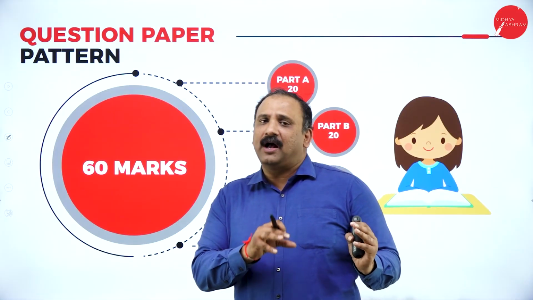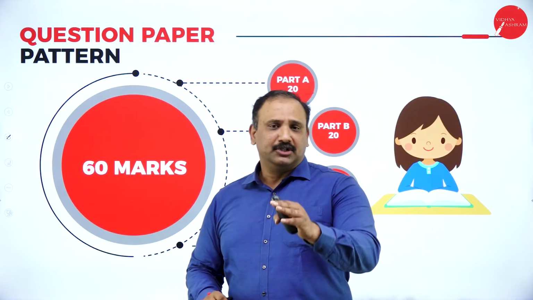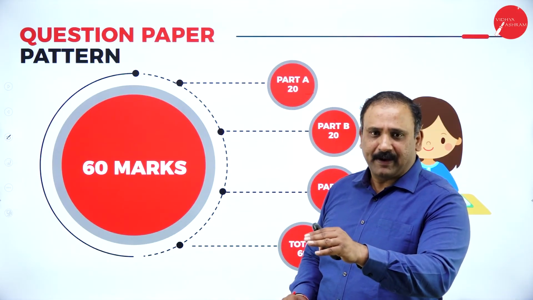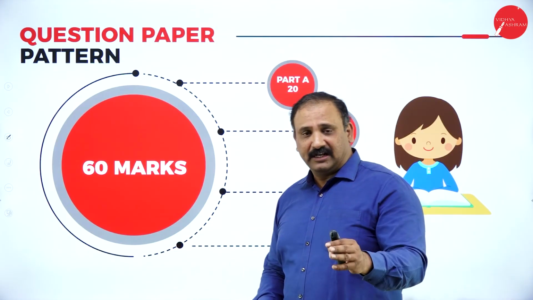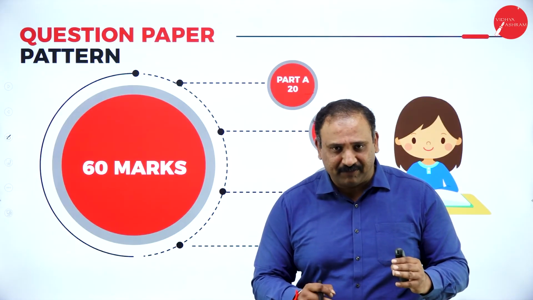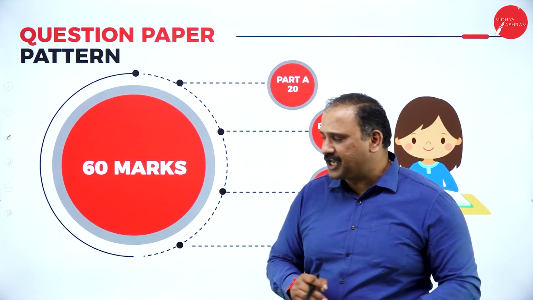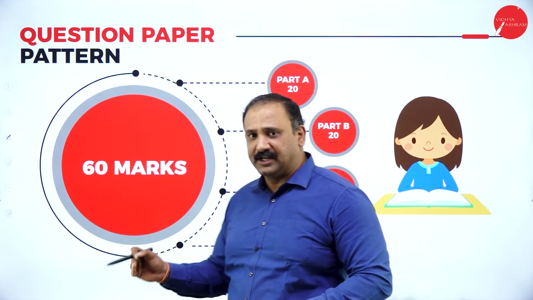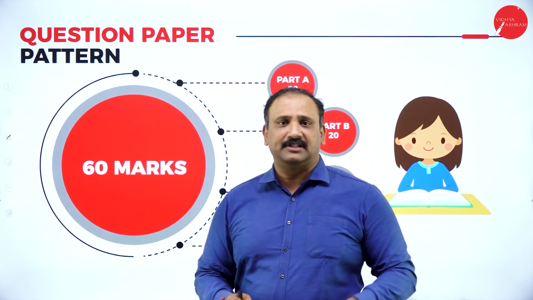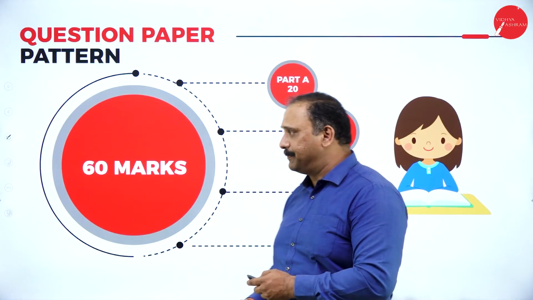At the same time, you have some generic questions also. So it's a pretty balanced question paper that you can look at in the final examination. And definitely, I can say that with a little bit of effort and concentrated dedication, all the 60 marks are yours, as you're able to see on the screen. So definitely put in your best efforts and you can score full marks in this paper.